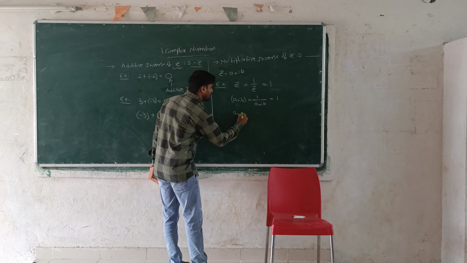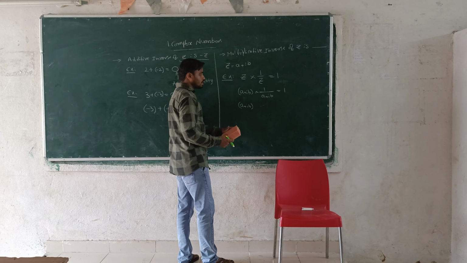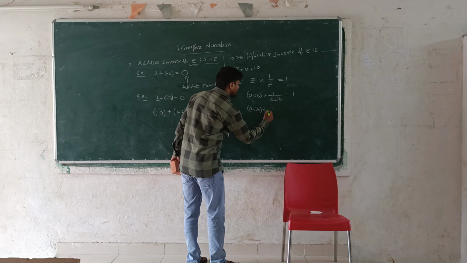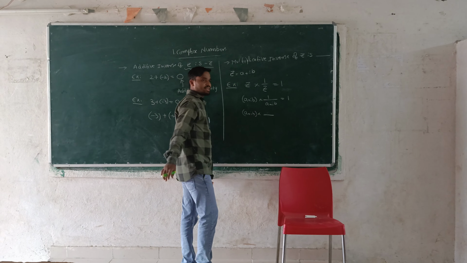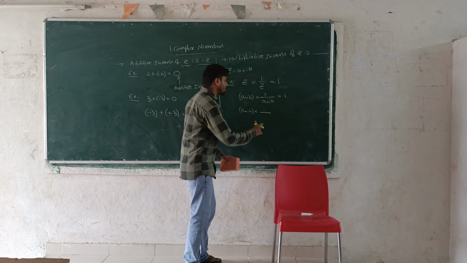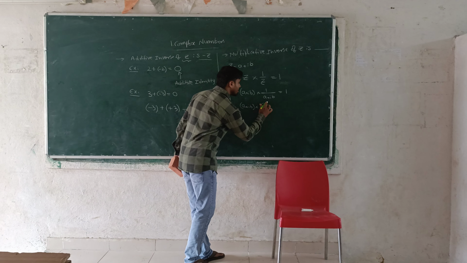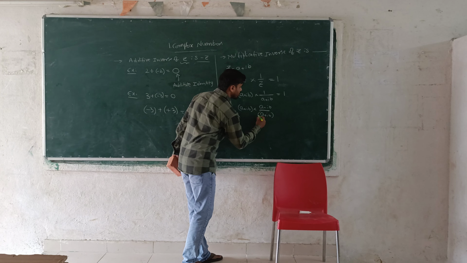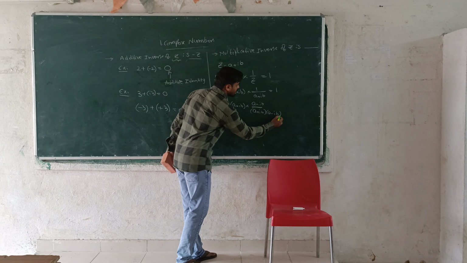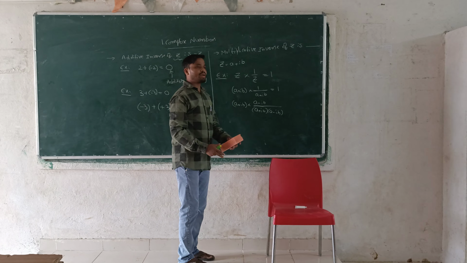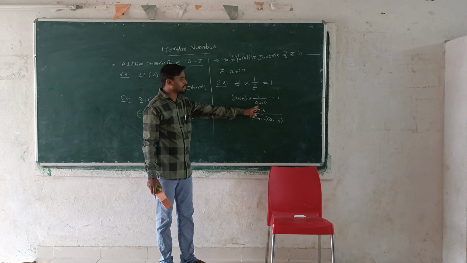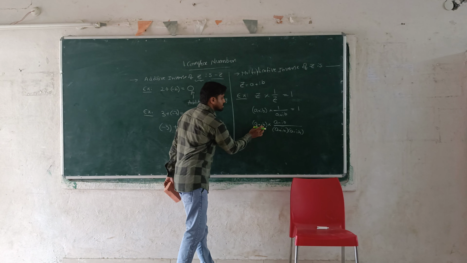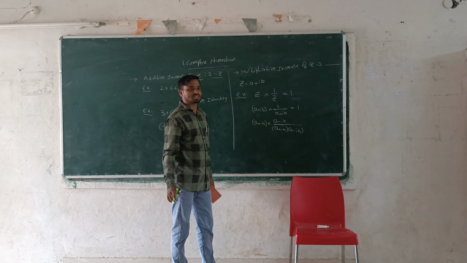So a plus ib, we will make this in simple form. Into a plus ib, rationalize the denominator. So multiply by a minus ib over a minus ib. Yes or no? We are rationalizing this denominator. Now tell me, what is a plus ib into a minus ib? By denominator, how much? a plus ib into a minus ib.